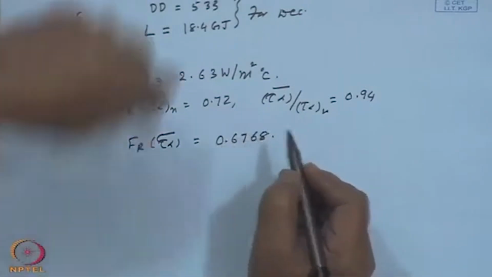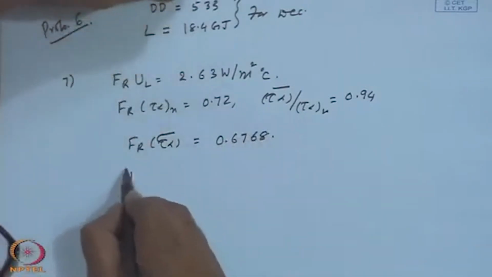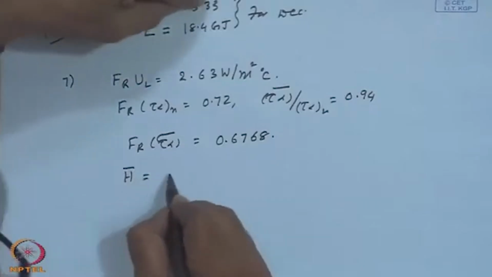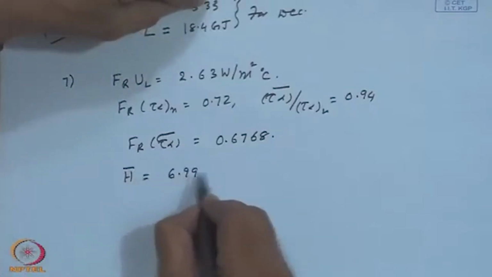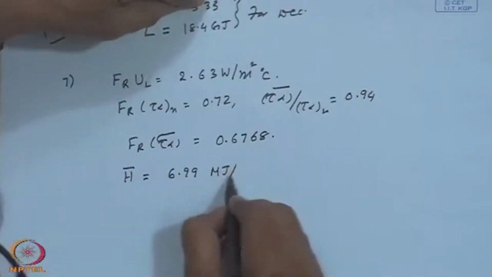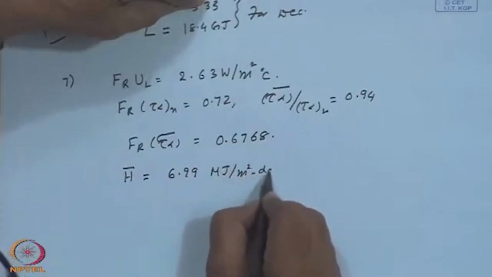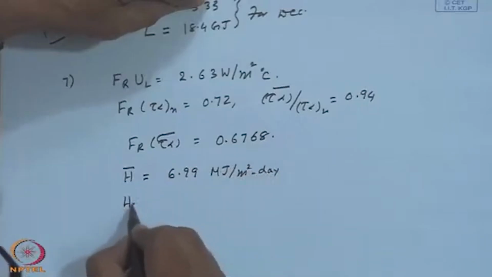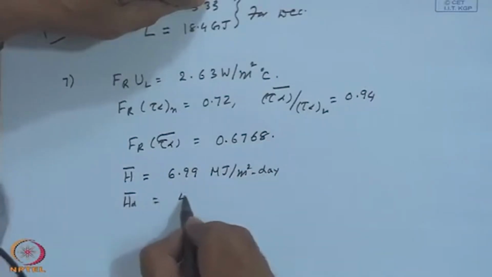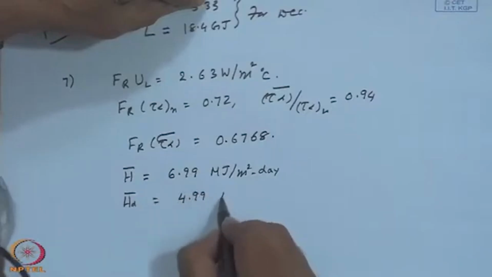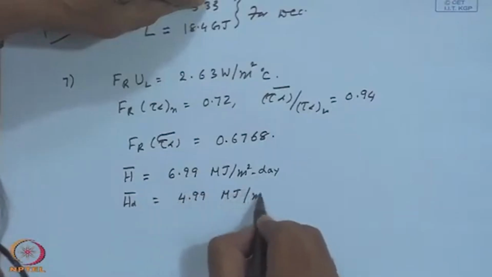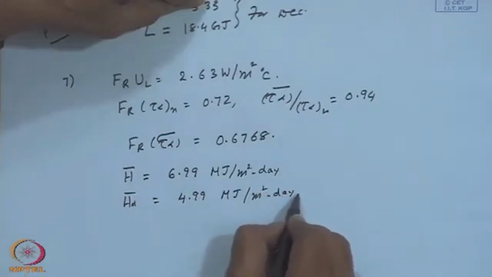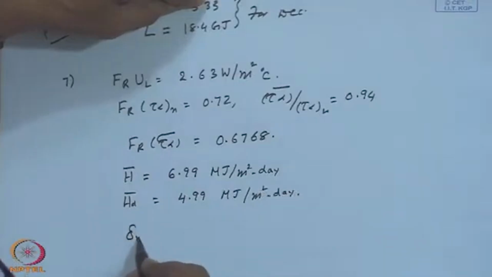That is equal to 0.6768. Then the data is: monthly average daily radiation is 6.99 megajoules per meter square day, and the diffuse radiation is 4.99. So, you can understand it is a cloudy day, and the mean declination for the month of December is minus 23.0 degrees.